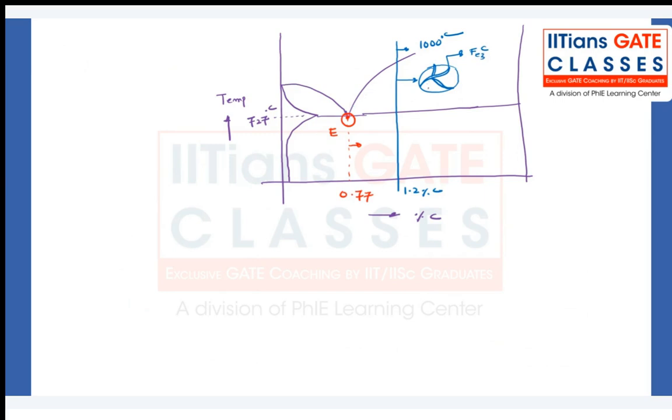And this is austenite. Whatever cementite is formed in this region, we call it pro-eutectoid cementite, right? So here at 0.77, 100% pearlite. Now here at 6.67, Fe3C, 100%.